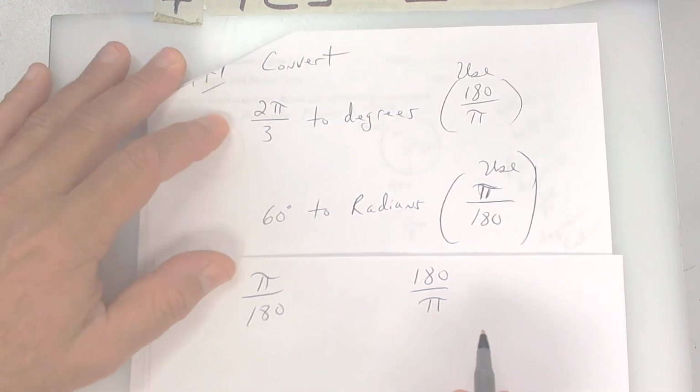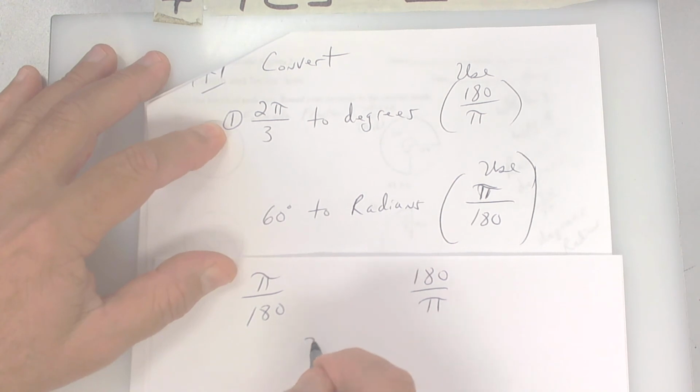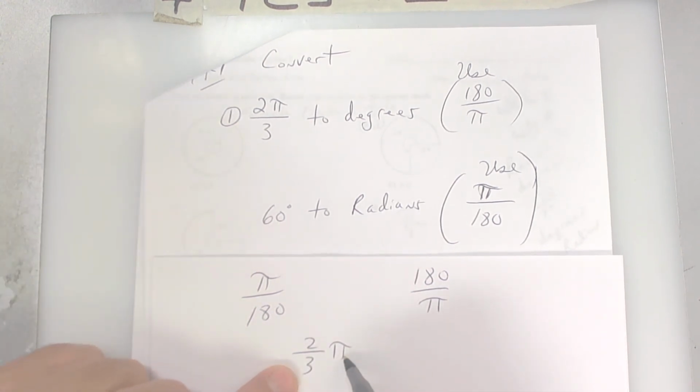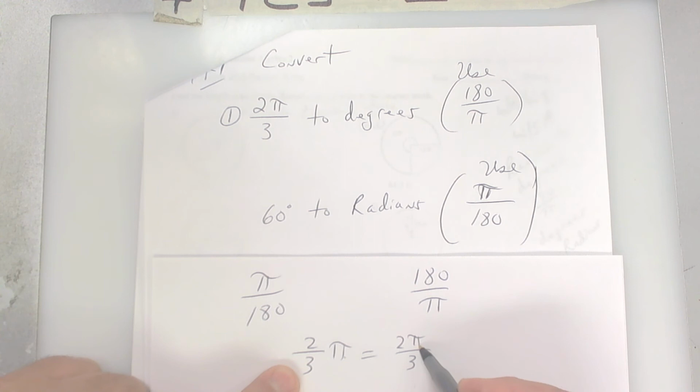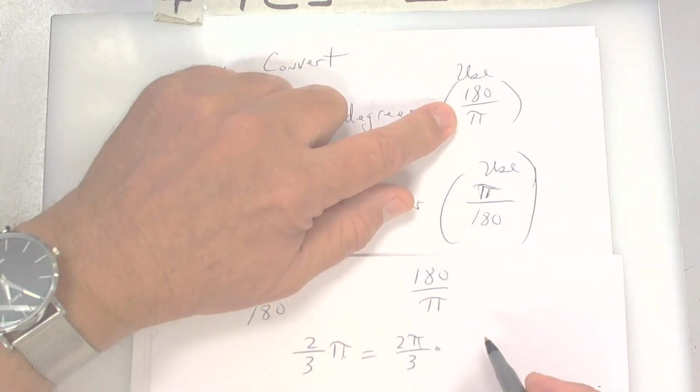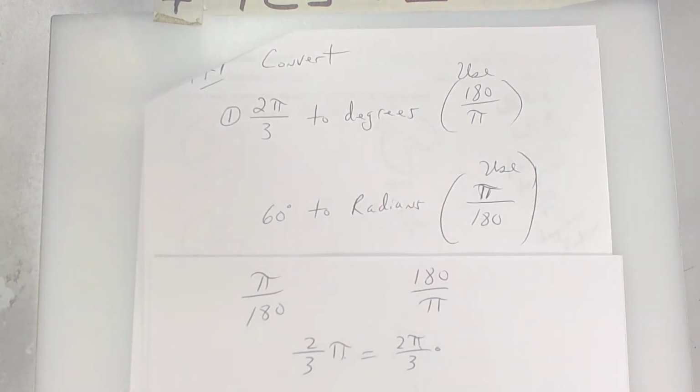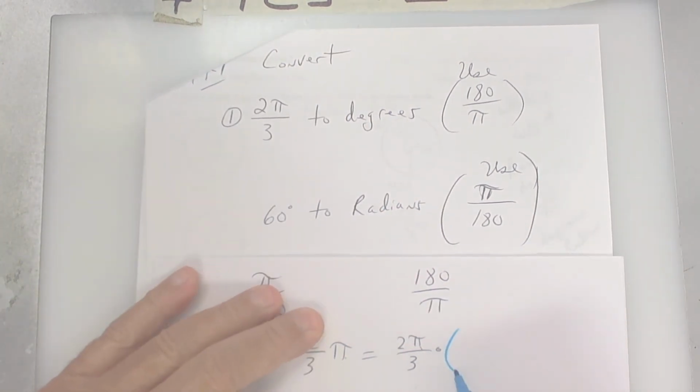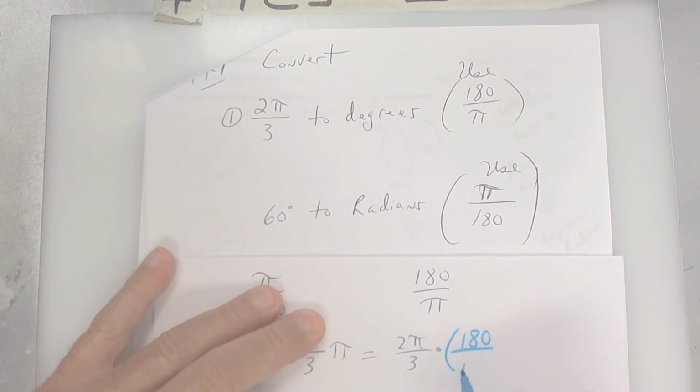So if we take number 1 here, and we take 2 over 3 pi, and you can rewrite this, 2 pi over 3, same thing. Since pi is at the top, that means it's radian. You want to get rid of it. The only way you're going to get rid of it is if you use this one. So I would multiply this one right here by 180 over pi.